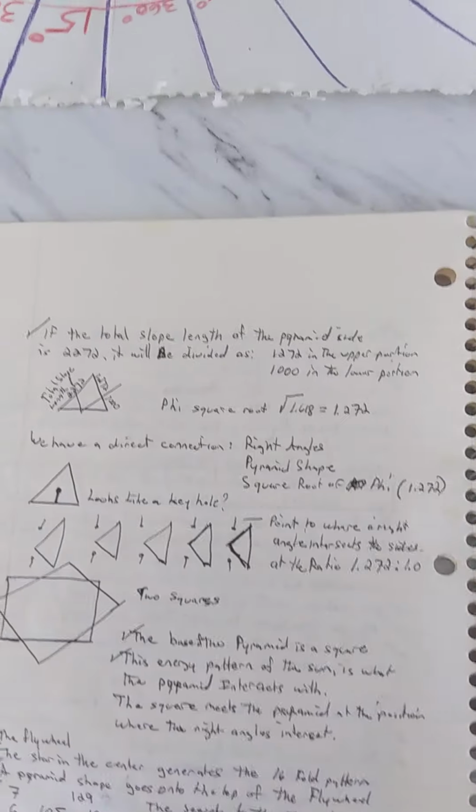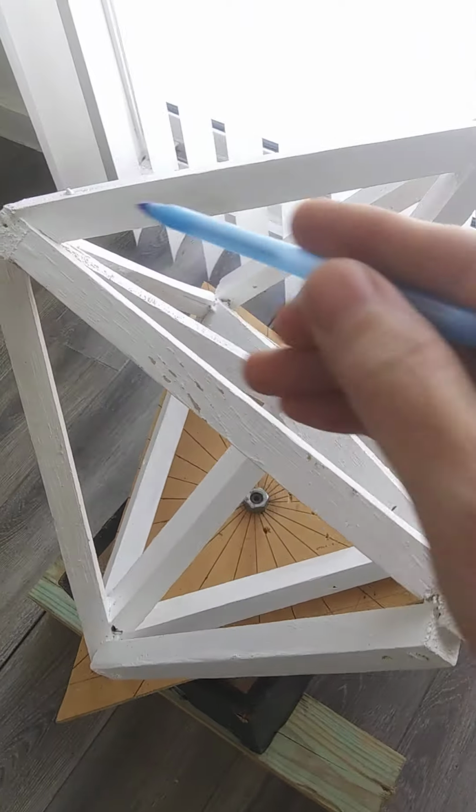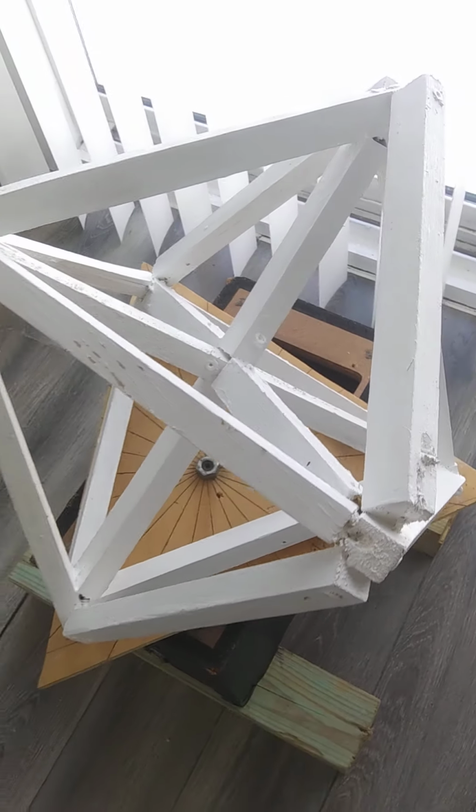Okay, because when you take this shape and you bring it up like this, it's giving you this pyramidal shape in counter space that you're not seeing. Okay, we'll get to that in a second.